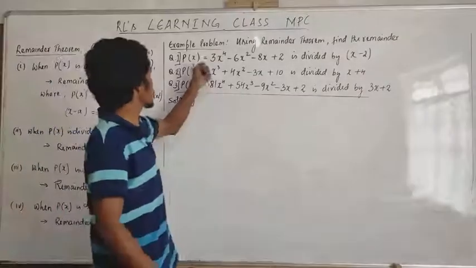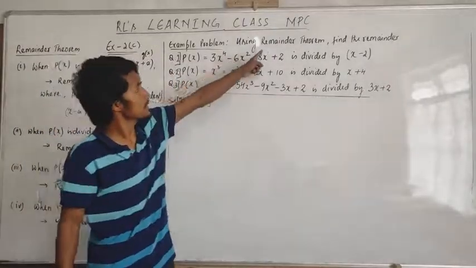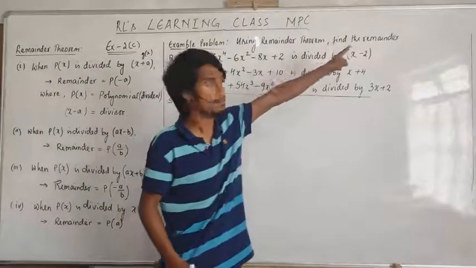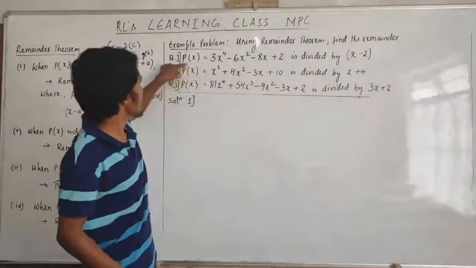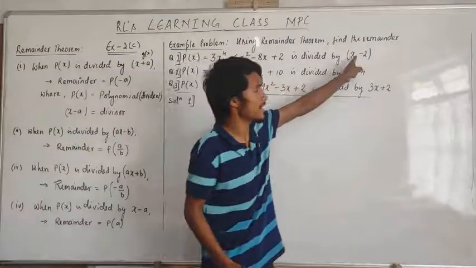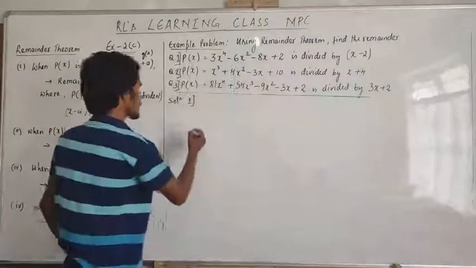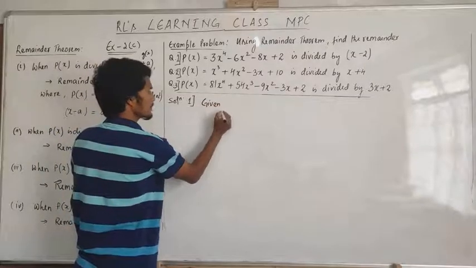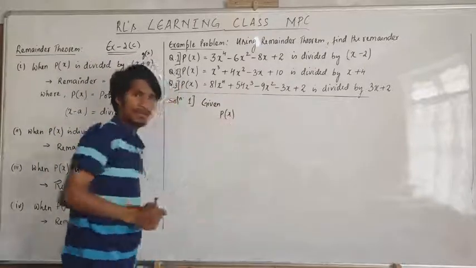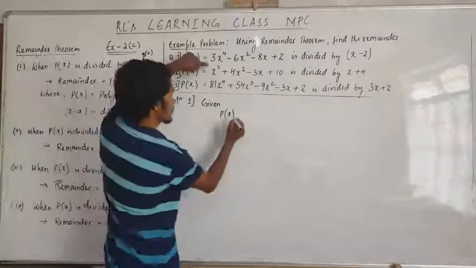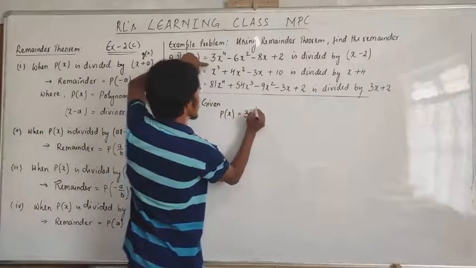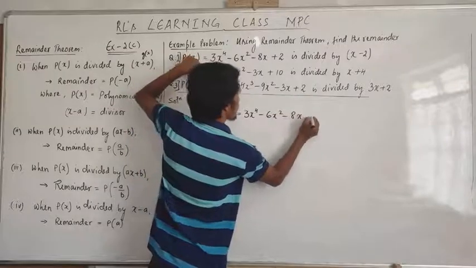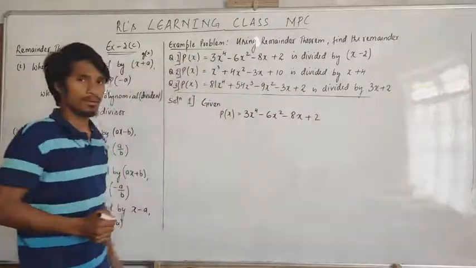Okay, let's start with question number 1. Using the remainder theorem, we will find the remainder when this p of x is divided by x minus 2. Given p of x is equal to 3x to the power 4 minus 6x squared minus 8x plus 2.